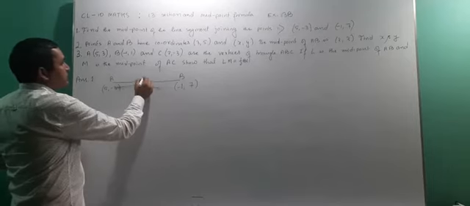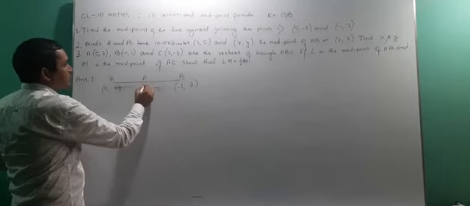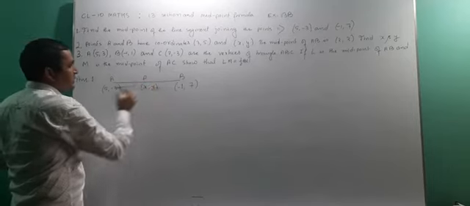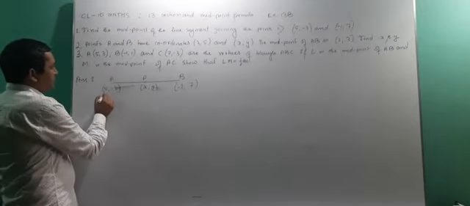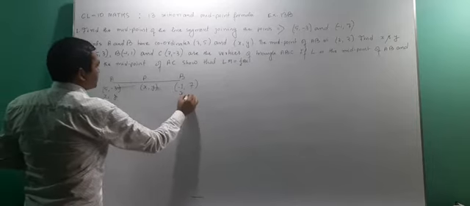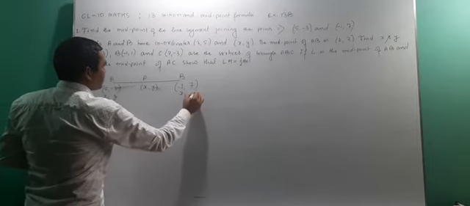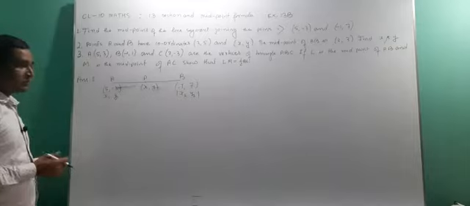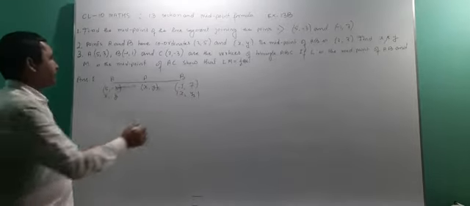Then you can mark this as P, and the coordinates are always represented by x and y. This is x1, y1, and these coordinates are always represented by x2, y2 for our convenience. You can mark any letter.